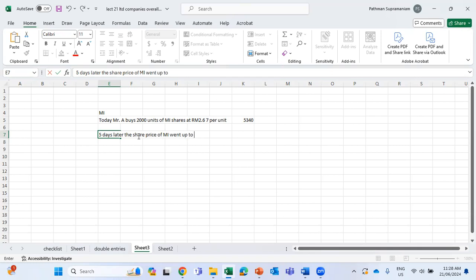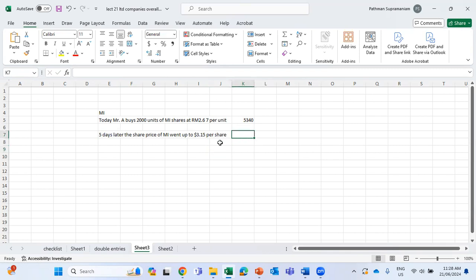Went up to how much? Let's say $3.15 per share. And Mr. A sells the shares. Can you all tell me what's his profit? Let's say he sold all his 2,000 units. Just calculate to your best and tell me.